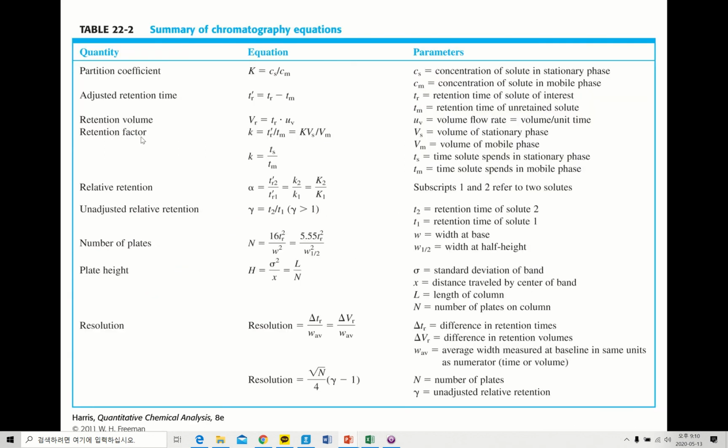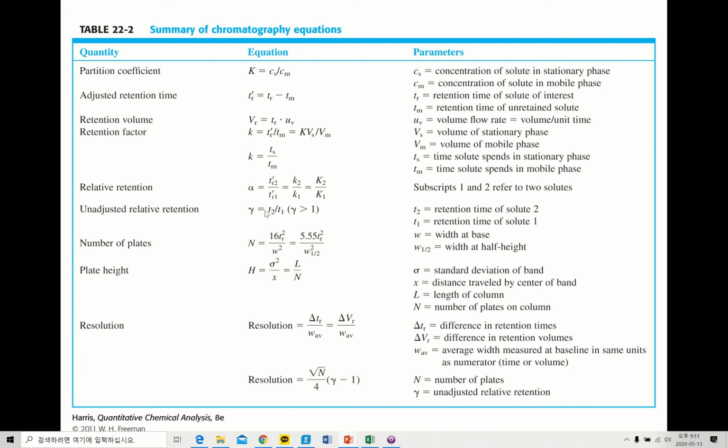This table summarizes the chromatography equations we developed rather in detail so far. We introduced many parameters and set up many equations here. It is not wise to memorize all of this, but rather you solve the problems at the back.